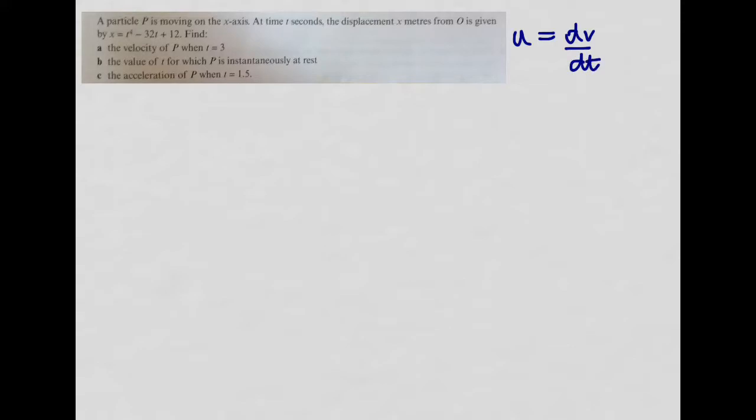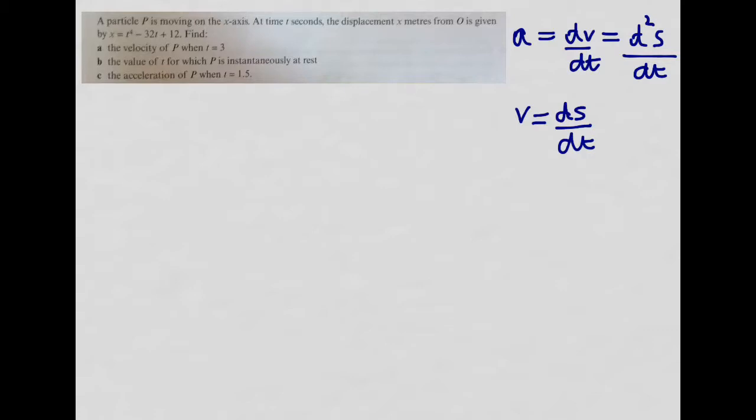And we also need to remember that that's also the second differential of the displacement. And v is the displacement function differentiated with respect to time. So they are our key notes that we've taken from before.